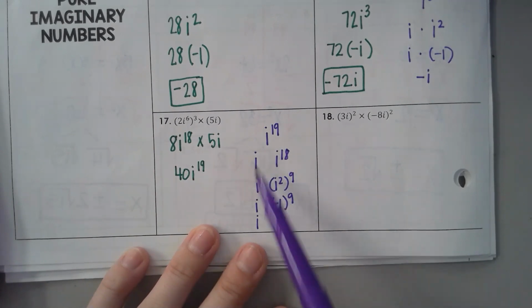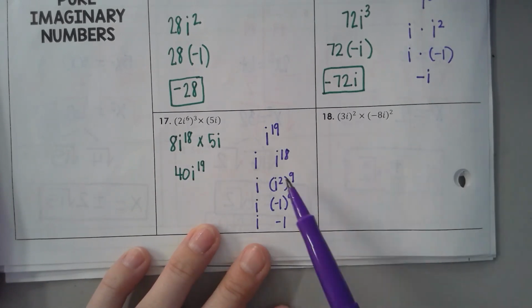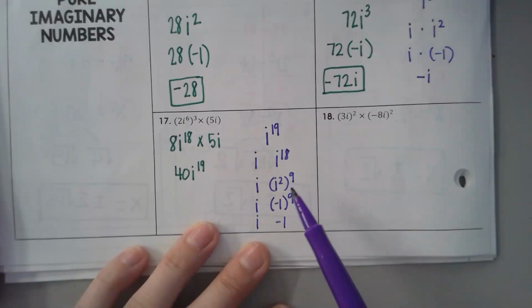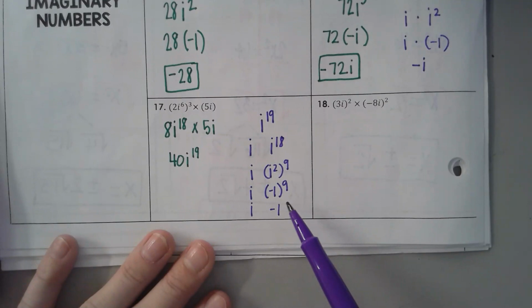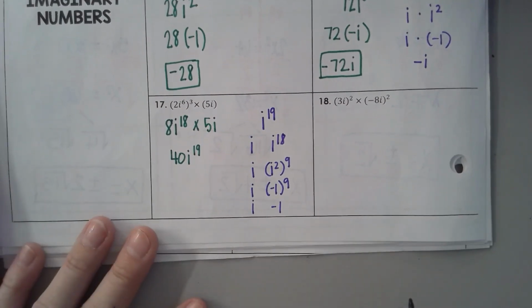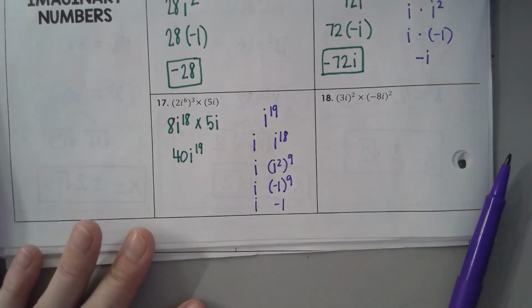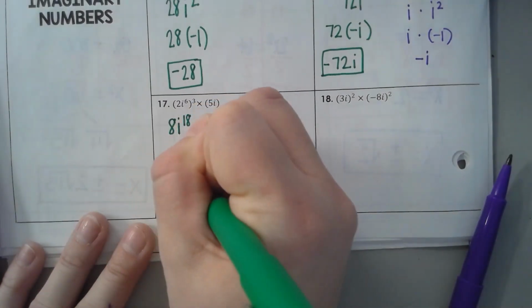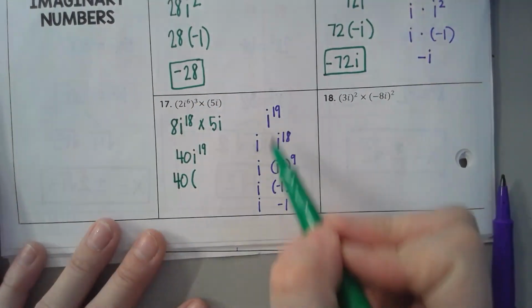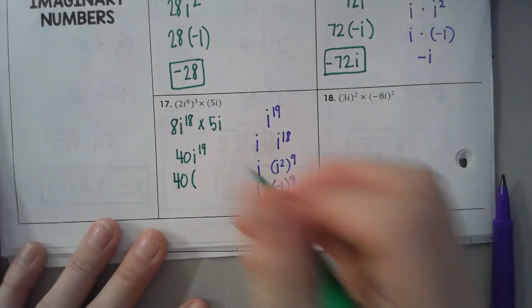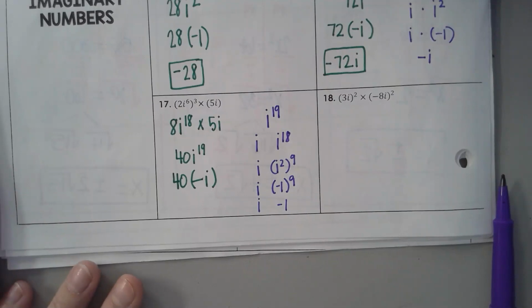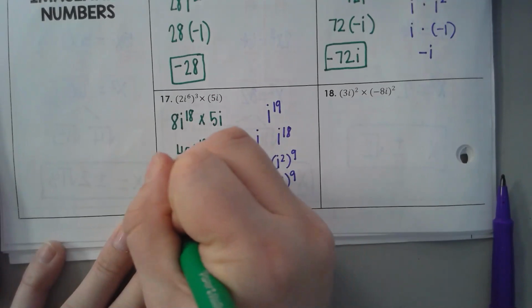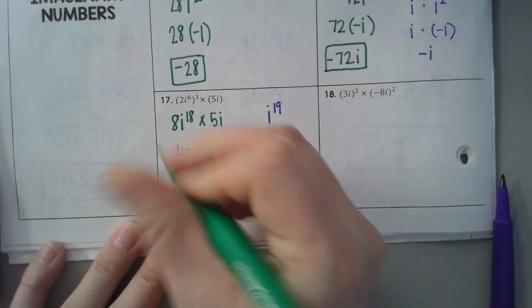And then just keep bringing down that i all the way. And this would become i squared to the 9th, which is negative 1 to the 9th, which is negative 1. So i to the 19th is negative i. And you always want to write your negative sign in the front. So negative 40i.